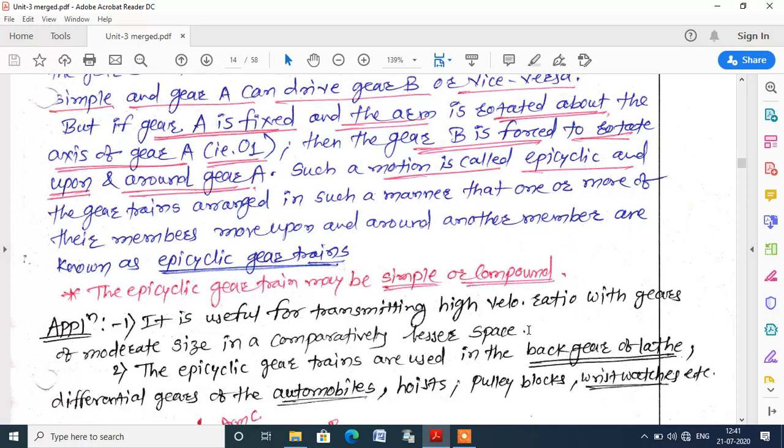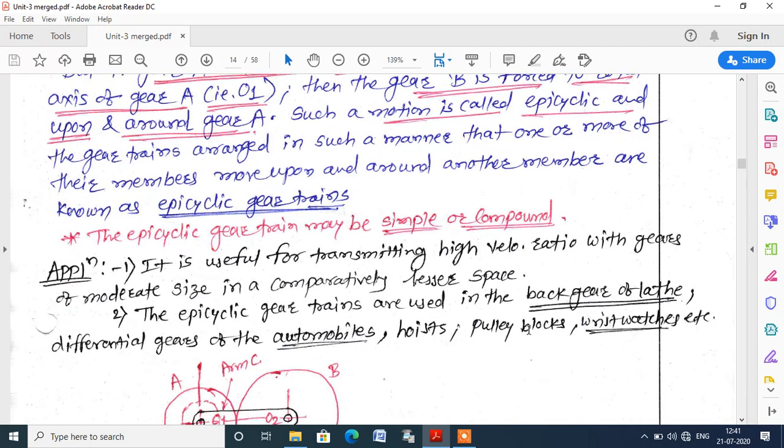Students, these are very important. These epicyclic gear trains may be simple or compound. Application: epicyclic gear trains are useful for transmitting high velocity ratio with gears of moderate size in a comparatively lesser space.